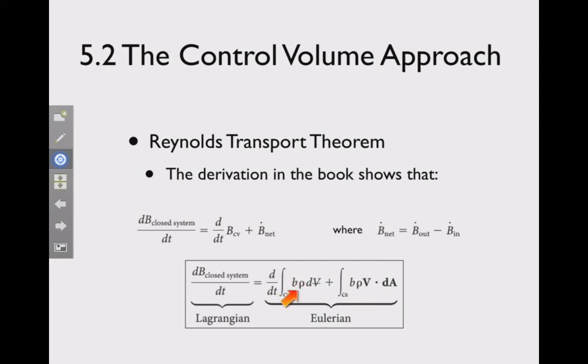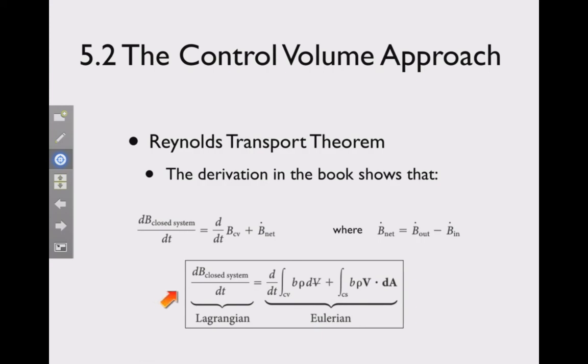Many times this will actually be 0 because stuff will be going in and out of the control volume at the same rate. Let me state that differently. Basically, the rate of change of the volume will not be changing, and these terms are just going to relate what's going in and what's going out through the control surface.